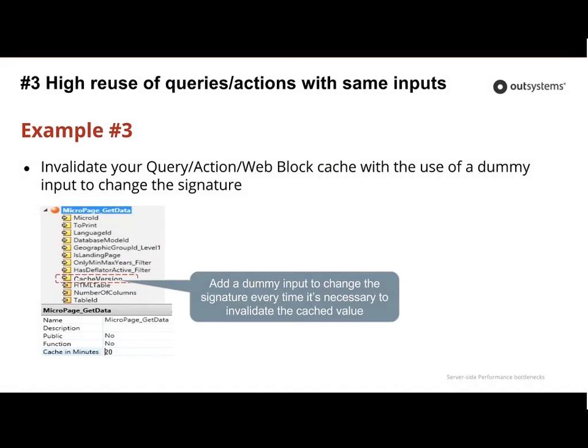We can from time to time control in a different layer which cache version we want to use, and because we are passing this into the actions, into the queries, we can force the information to be fetched again, executed again. So within the cache period, we can force the cache to be invalidated by using this technique of adding a new parameter.